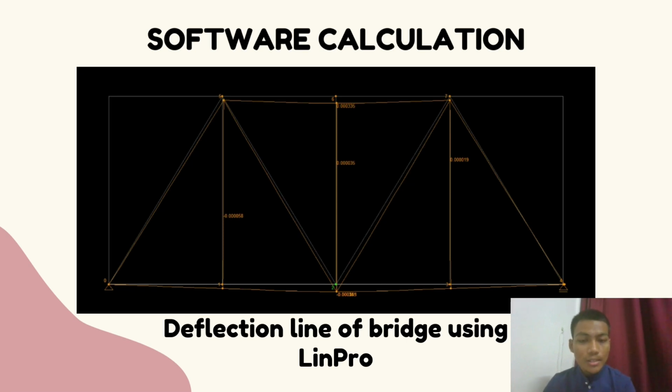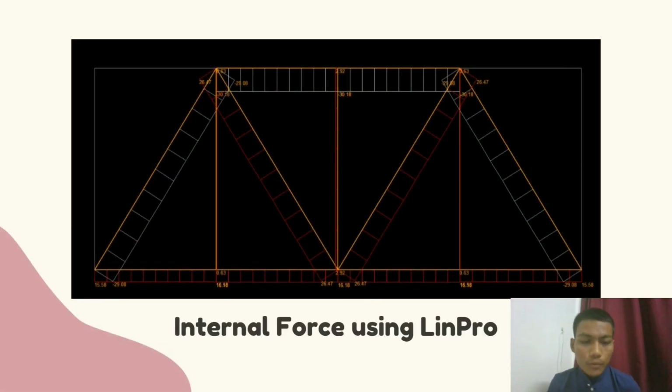After we run the analysis, it shows us the deflection of the beam, internal force, and so on. For this slide, I will show you our group's deflection of the truss. Moving to the next slide, this is our internal force calculated using LinPro. So this is the data that we had.